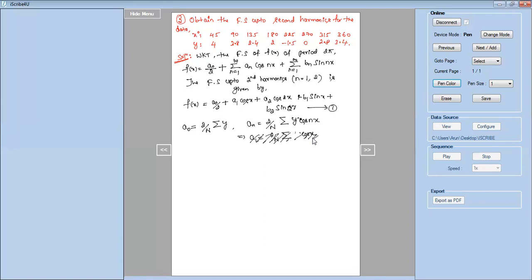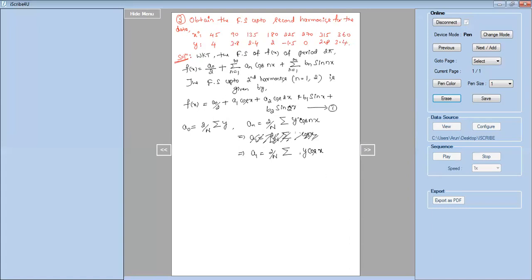So a1 equals 2 by capital N into summation y cos x.